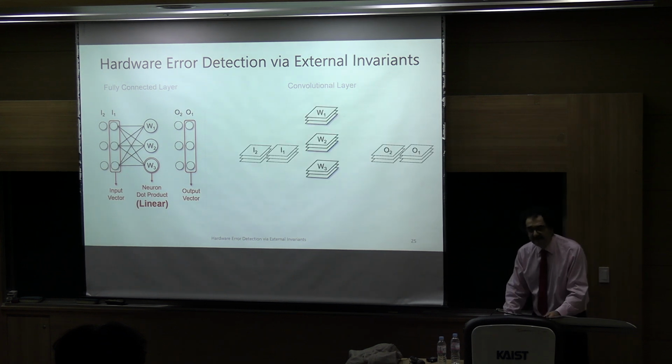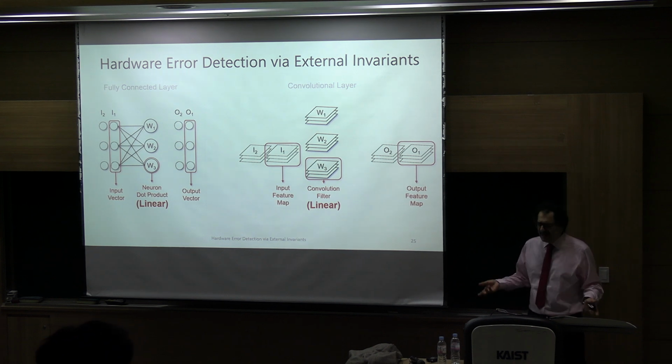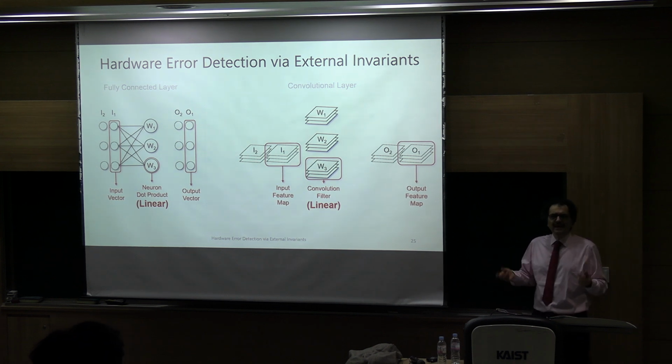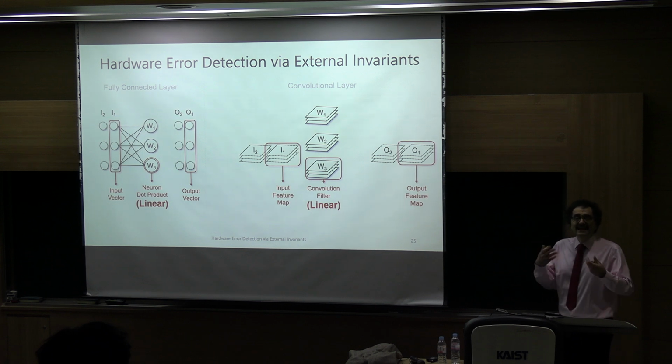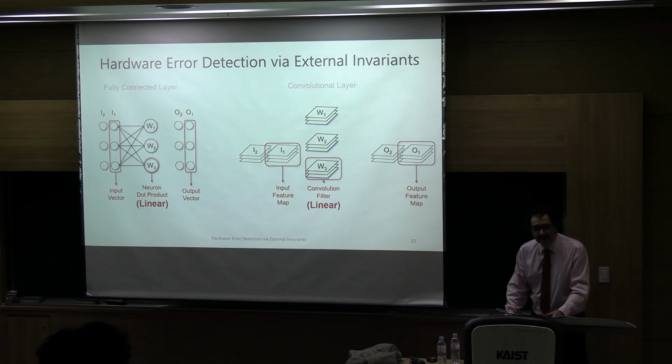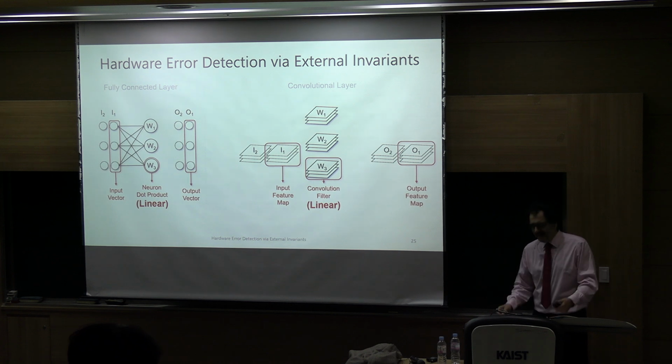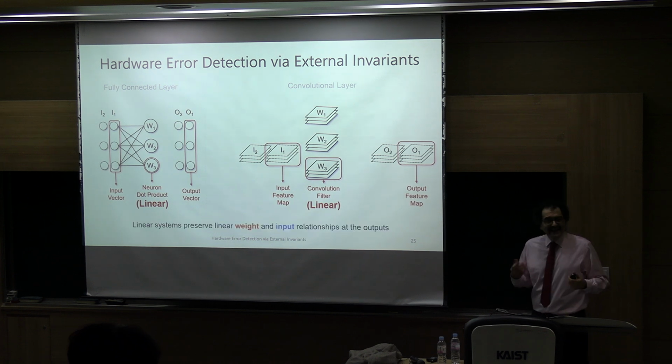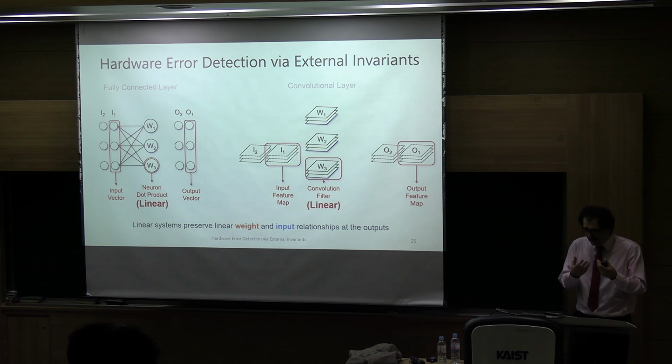Now, when you look at the convolutional layers, they look a little bit different, but at the end of the day, the computations that are happening over there are also linear computations of taking the products in this sort of matrix-like multiplication or tensor multiplications that are going on. Now, why am I emphasizing the linearity? Well, linear systems preserve this weight and input relationships at the outputs.